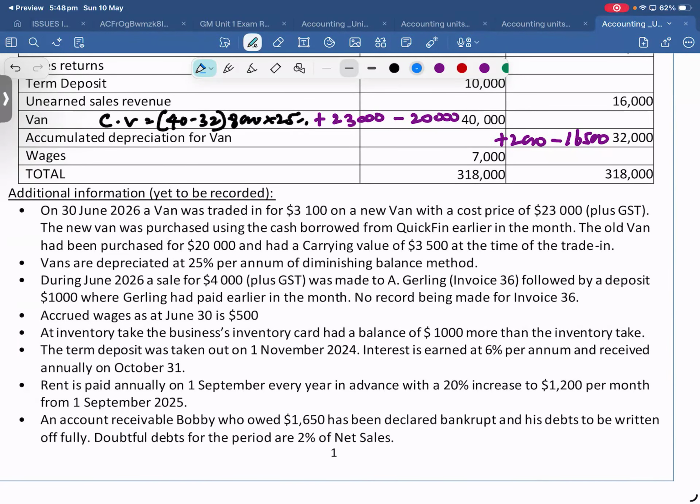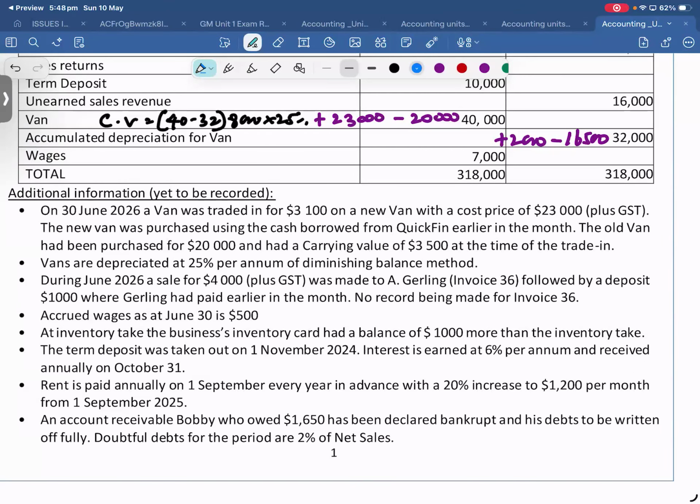Correct. So, a sale of 4,000 was made to A. Jelin, followed by a deposit. So how much is the selling price? Selling price is 4,000. Followed by means after the deposit.